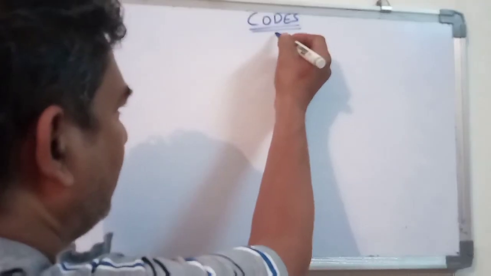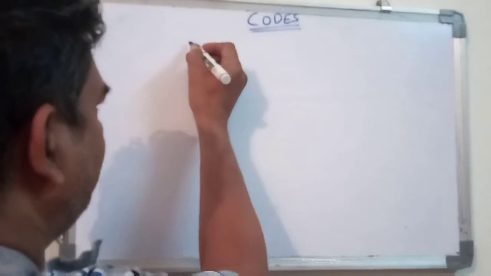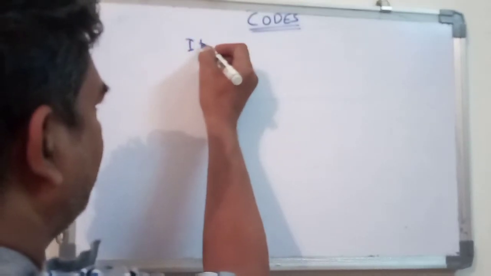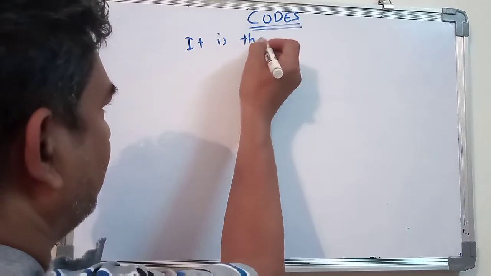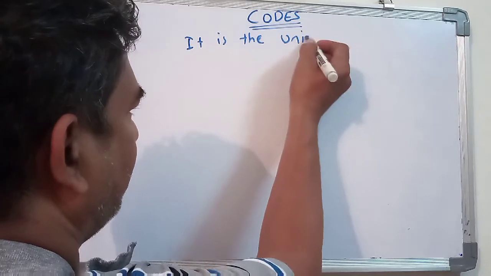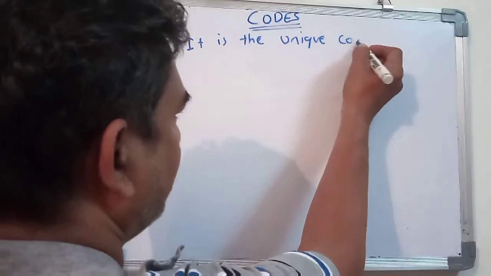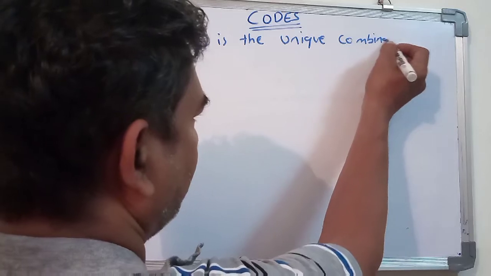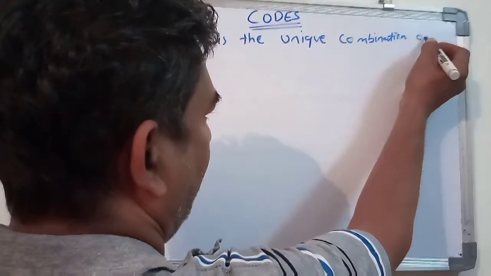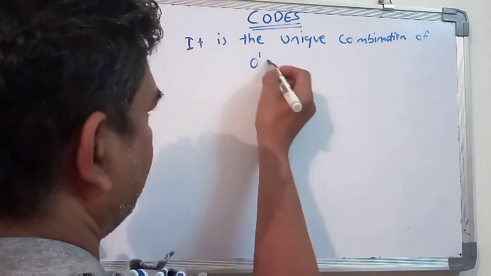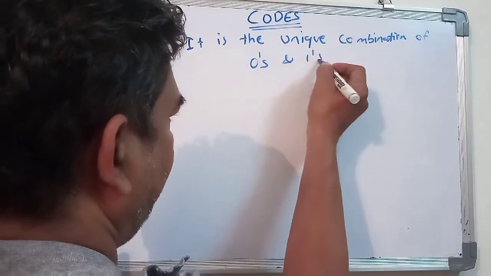But a code is defined as a unique combination of zeros and ones.